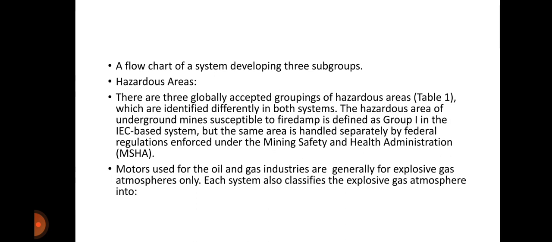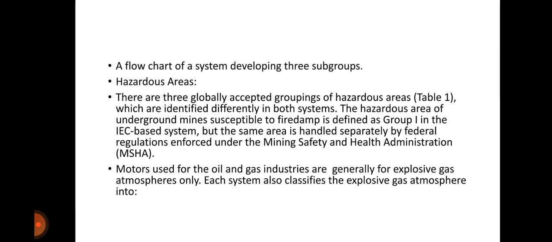The hazardous areas. There are three globally accepted groupings of hazardous areas, which are identified differently in both systems. The hazardous area of underground mines susceptible to fire damp is defined as Group 1 in the IEC based system, but the same area is handled separately by federal regulations enforced under the Mining Safety and Health Administration (MSHA).